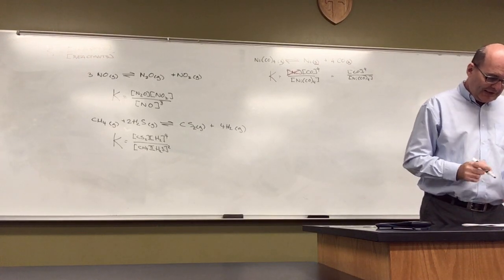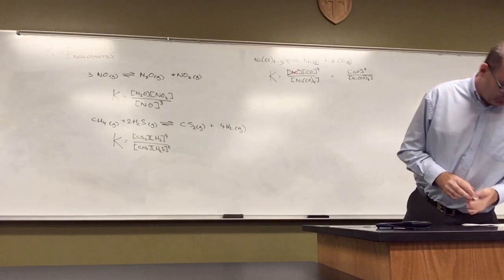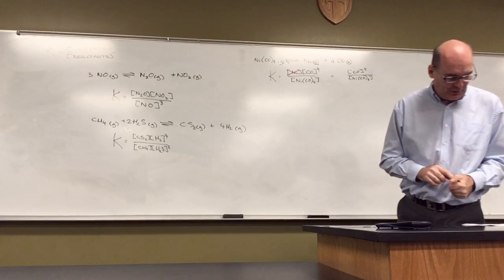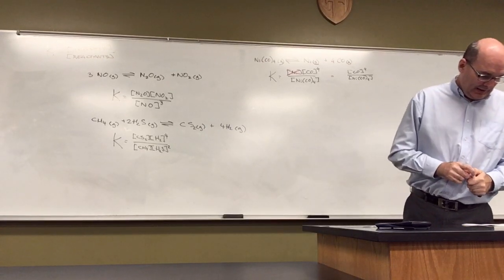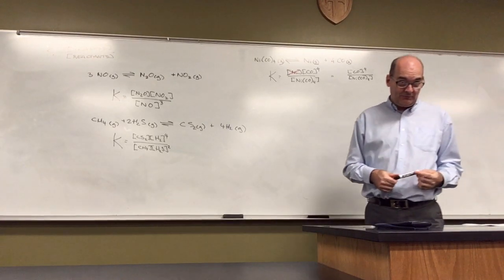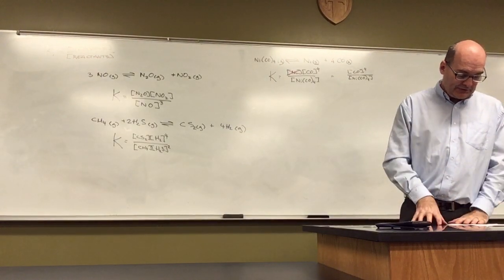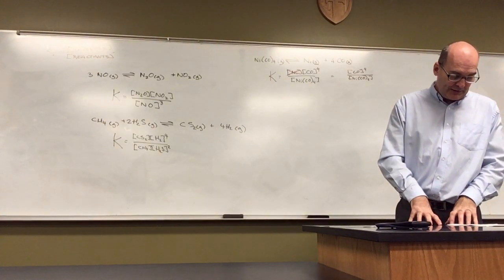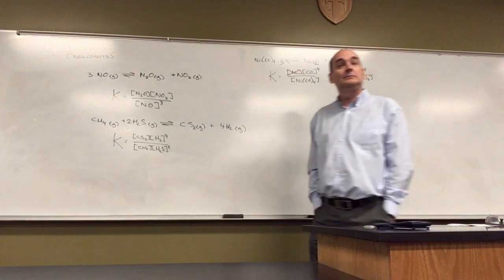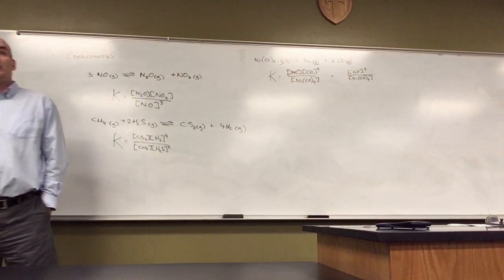Question 15.15 says, when the following reactions come to equilibrium, does the equilibrium mixture contain mostly reactants or mostly products? And there's a first reaction, reaction A, and then there's a second reaction, reaction B. Reaction A has an equilibrium constant of 1.5 times 10 to the negative 10. That's less than 1.00.